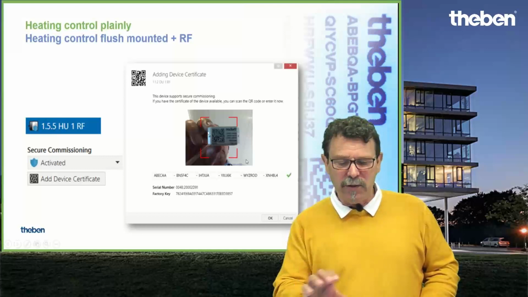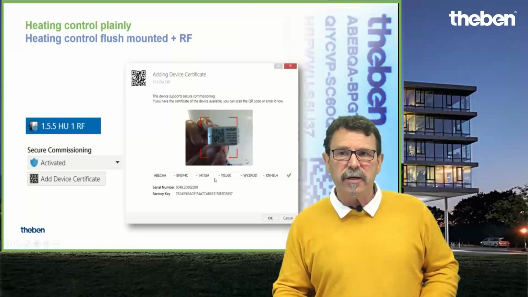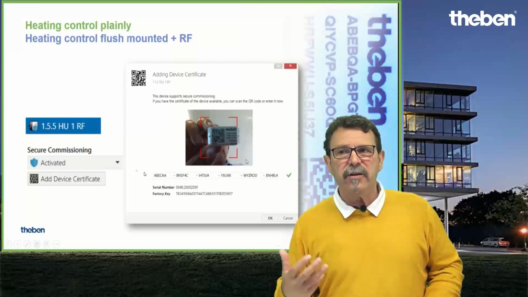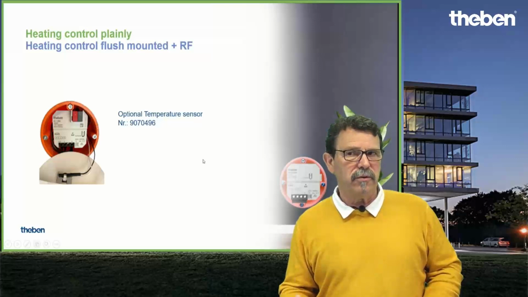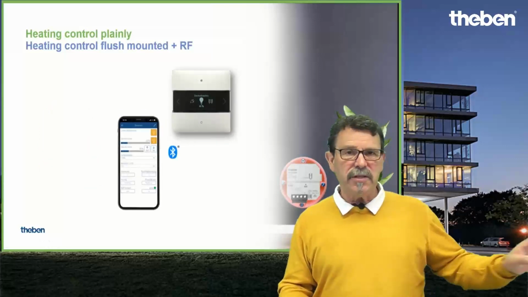You just hold it in front of the camera of your laptop. The QR code is read, scanned and taken over. And then you can address, operate and communicate with this product in a secure mode. Quite simple, quite excellent.